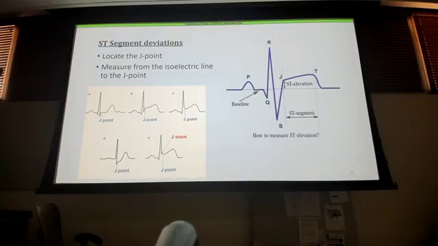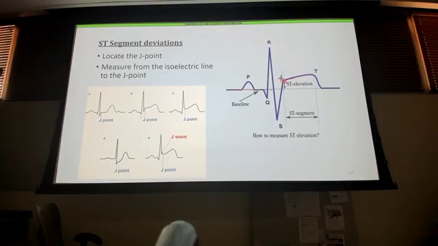But we're talking about ST elevations and ST depressions. How do we determine what we're dealing with? That's where you talk about the J point, where you see that deflection, the termination of the S wave and the transition into the ST segment or the T wave. When you determine where that J point is, you then compare where it is in relation to the overall baseline.